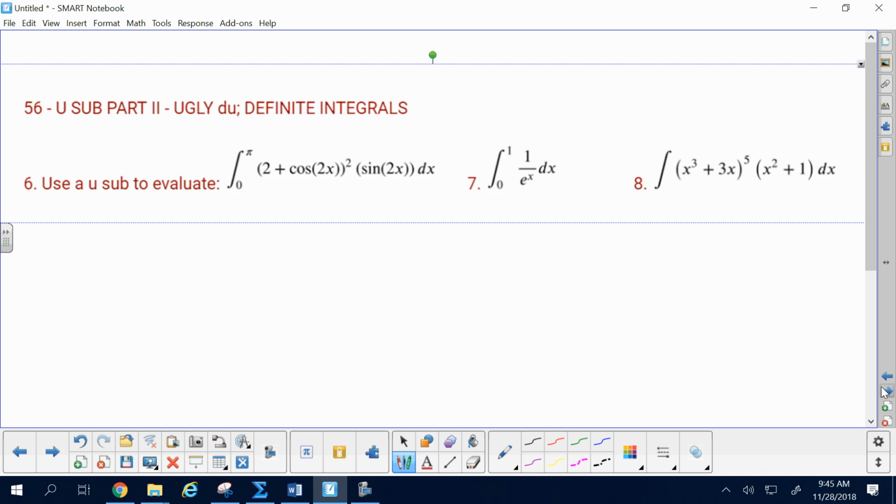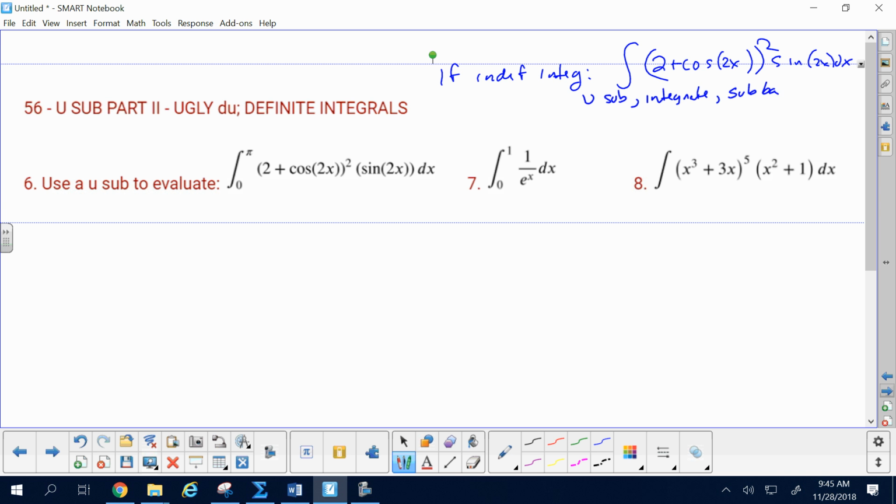If it's an indefinite integral, for example, if I had something like 2 plus cosine of 2x squared sine of 2x dx with no limits, then you U sub, integrate, and then you must sub back in for the u on an indefinite integral.